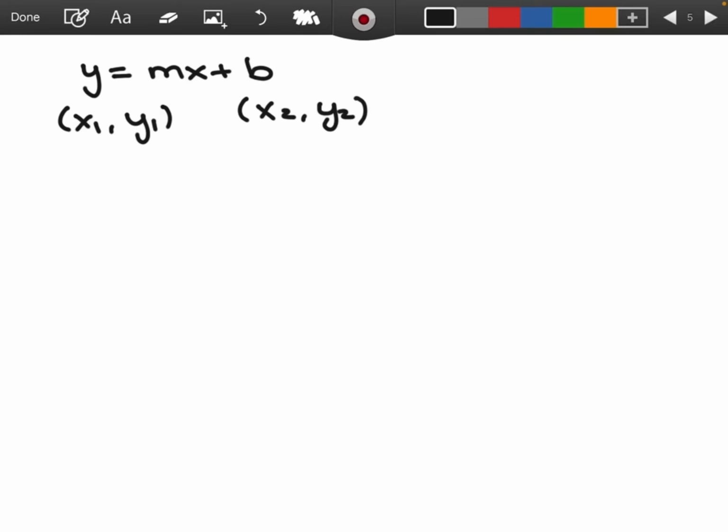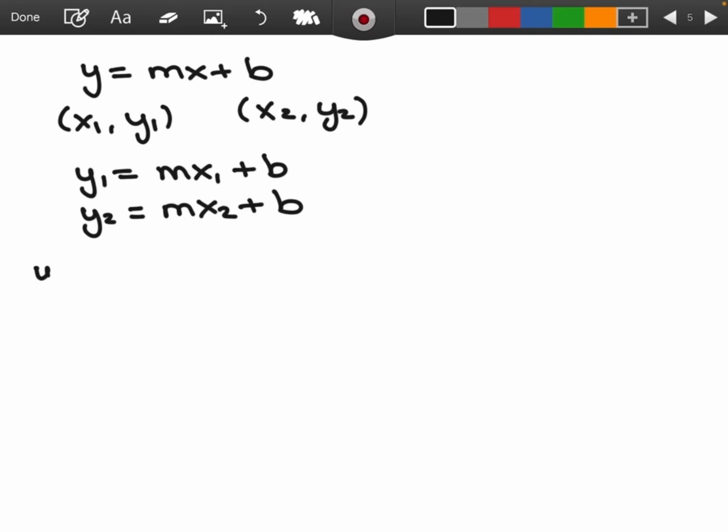If those 2 points land on that line, it means that they must satisfy the equation. So I can plug them in, and the left and the right hand sides must be equal. This occurs for both points because they both land on the line.